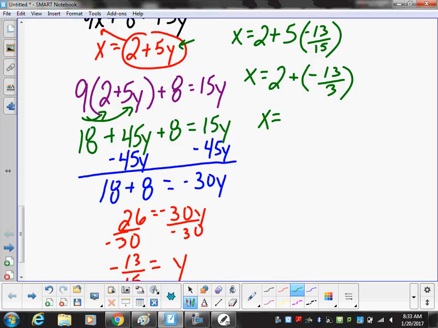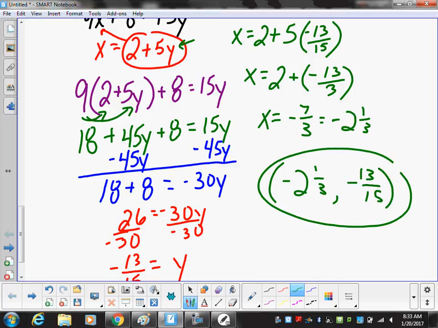So this ends up being a negative 7/3, which is a negative 2 1/3. So my solution is negative 2 1/3, negative 13/15. Again, it's not a real pretty fraction, but that's the setup for that problem.